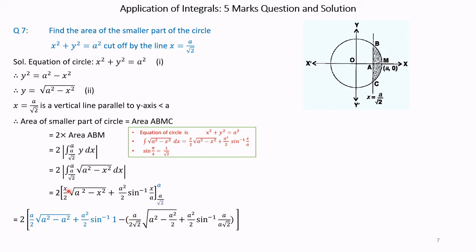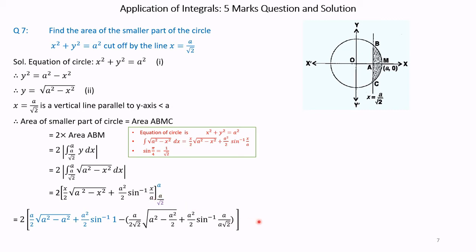So that is a by 2 root 2 into square root of a square minus a square by 2, plus a square by 2 into sine inverse of a by root 2 into a, that is 1 by root 2.